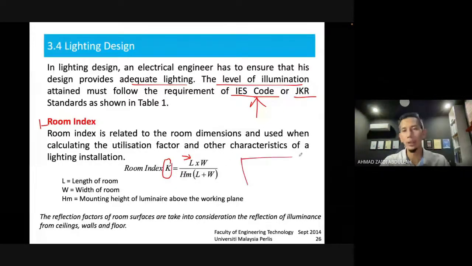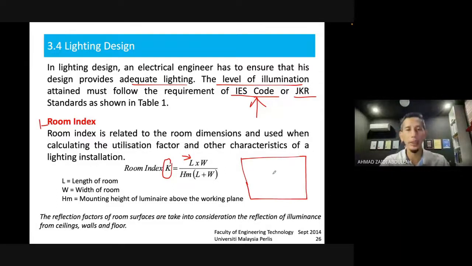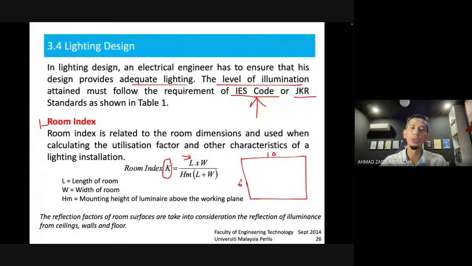Let's say you have a director room, like we just saw on the AutoCAD drawing. Let's say the size is 10 and 6 meters. For your information also, maybe you will see on the AutoCAD that the value is 1000, but in calculation we measure in meters.